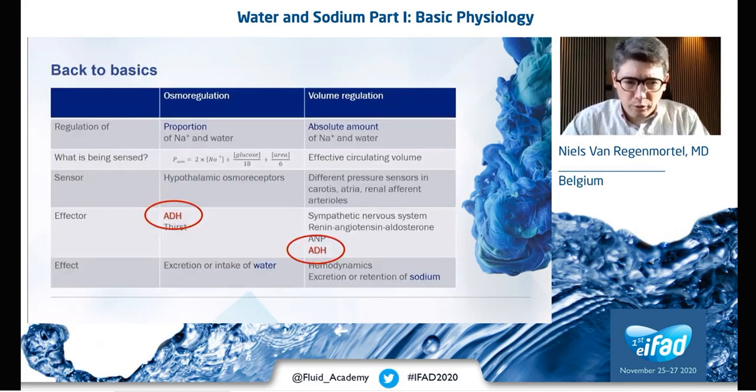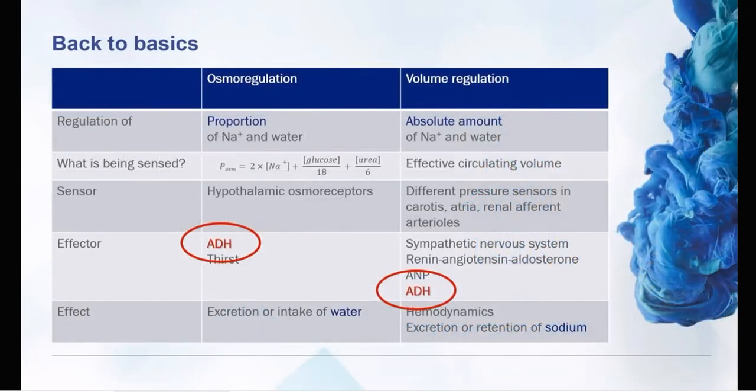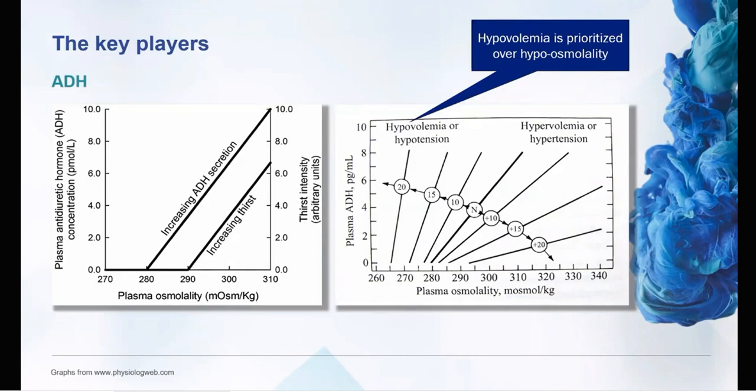So you have already noticed that ADH is present in both osmoregulation and volume regulation, which is quite interesting, of course. And this is necessary because sometimes the body has to prioritize.